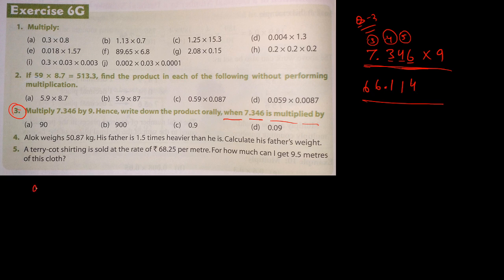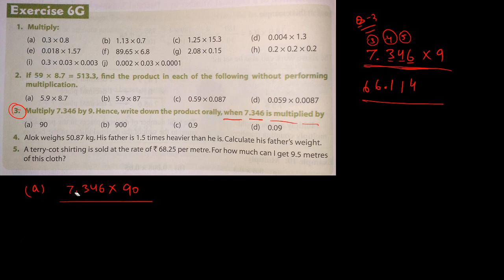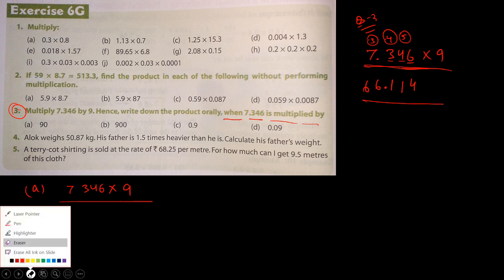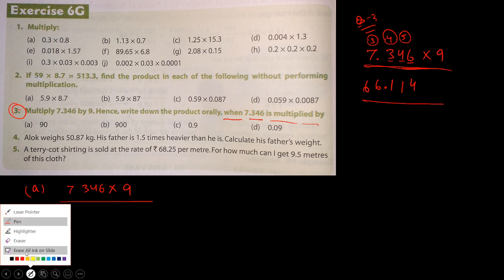Now what will happen if I do the first part in which I will multiply 7.346 by 90? So students, first of all, suppose there is no decimal, and think that there is no zero also. So what will be the answer if I multiply 7,346 by 9?